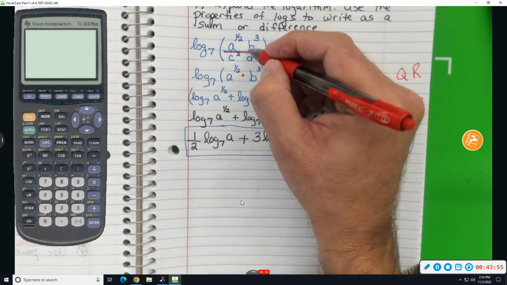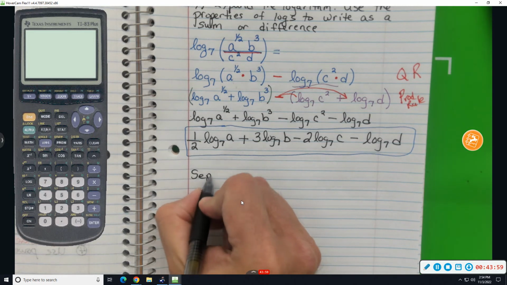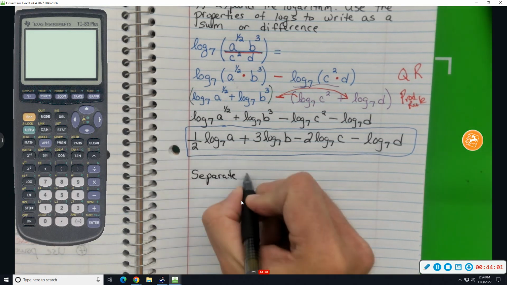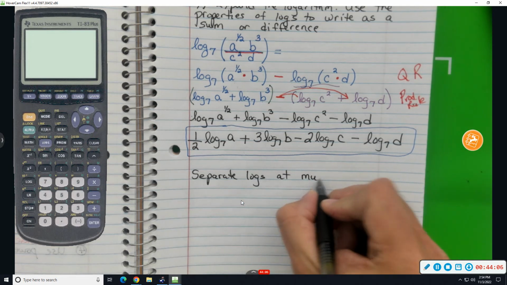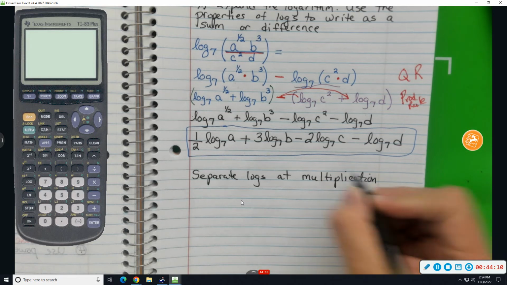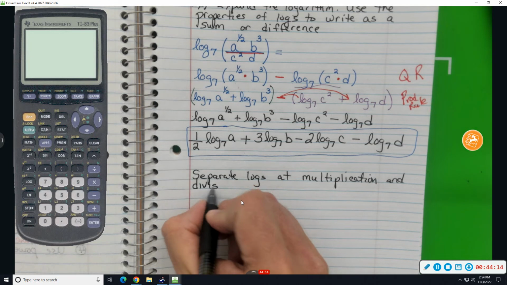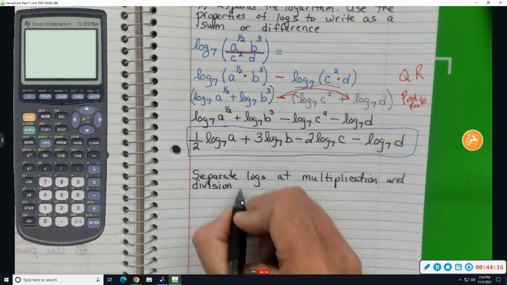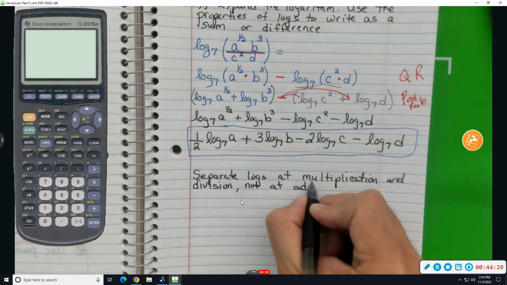Okay, going from here to here. Separate logs at multiplication and division. Let's go ahead and say not at addition or subtraction.